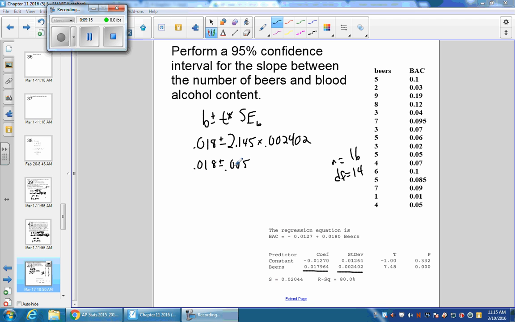So we can add or subtract 0.005 from this value. So it's going to be 0.013 all the way up to 0.023. And we think the slope is going to be somewhere in there. All right, from this, hopefully you can do the rest on your own.